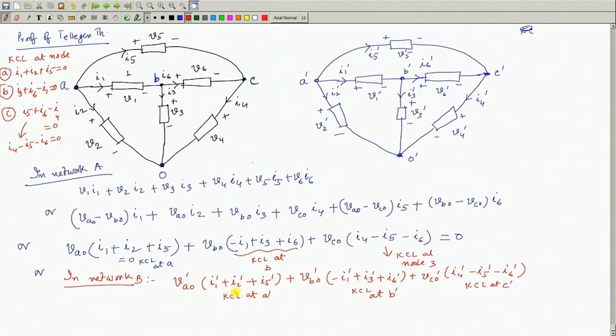So, this will be once again 0, V_A0 into 0. So, these bracketed terms are zeros. So, this will also be equal to 0, that is, separately the power balance will take place, is it not? That is the whole idea.